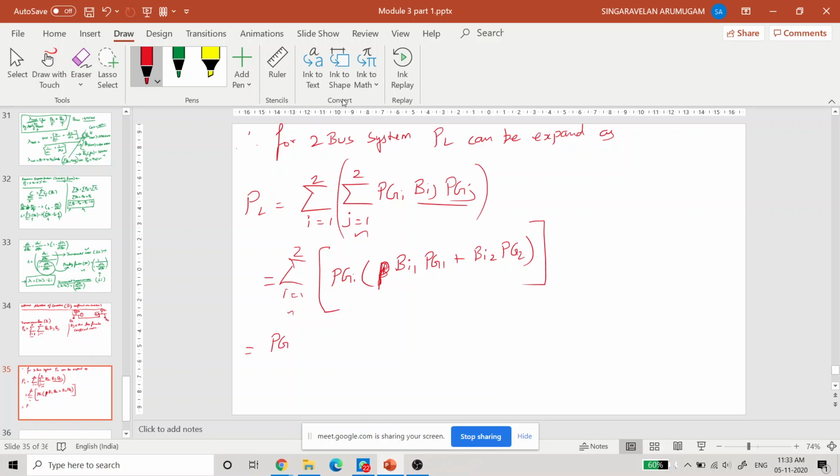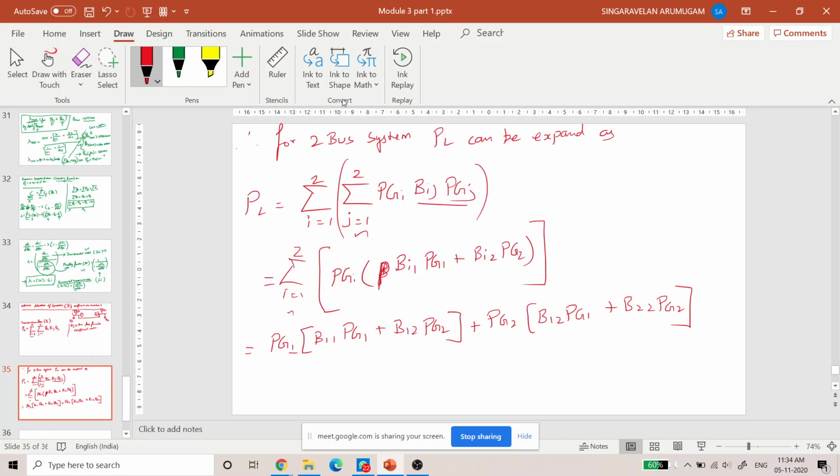So PG1 times B11 PG1 plus B12 PG2, and then for the second term PG2 times B12 PG1 plus B22 PG2.